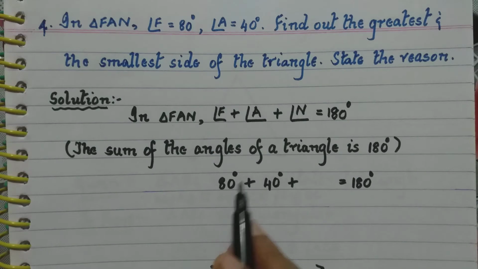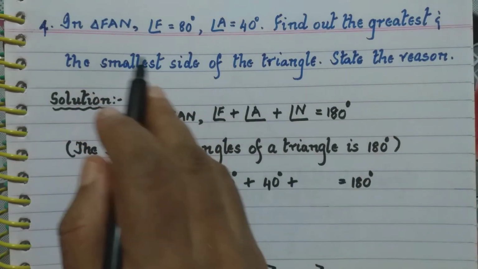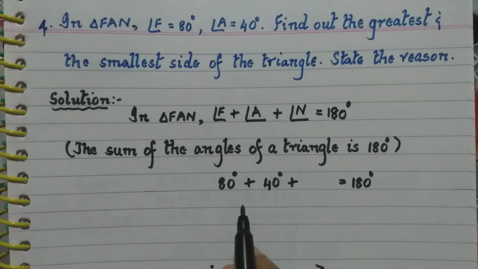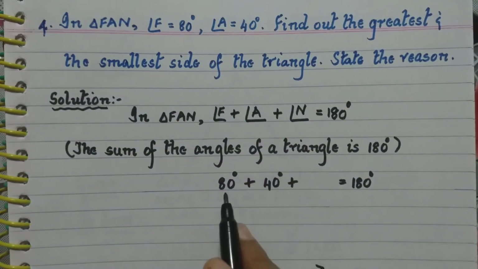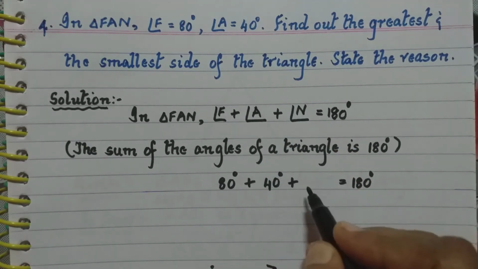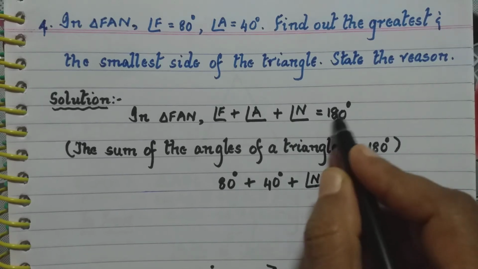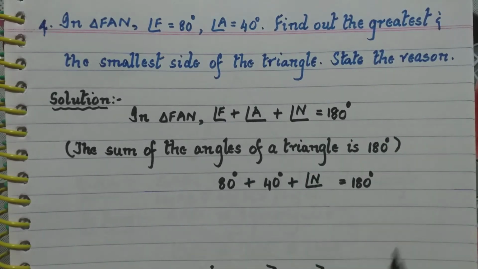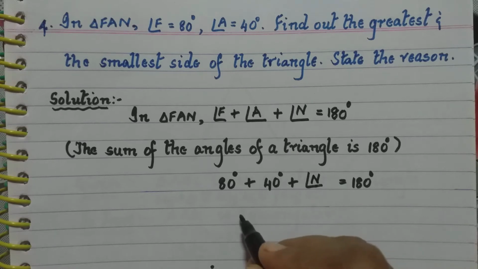But the measures of angle F and angle A are given. Angle F is 80 degrees and angle A is 40 degrees. So I write that. What is not given is angle N. So we write here, this is angle N, remaining, is equal to 180 degrees, written as it is. 80 degrees plus 40 degrees is 120 degrees.